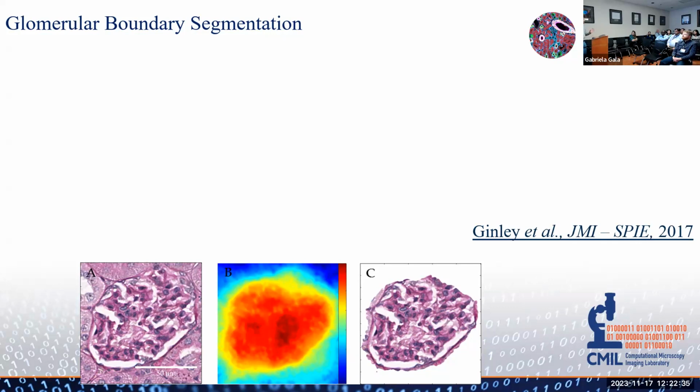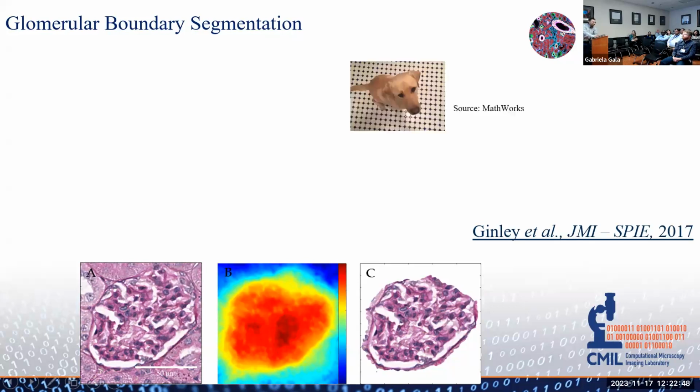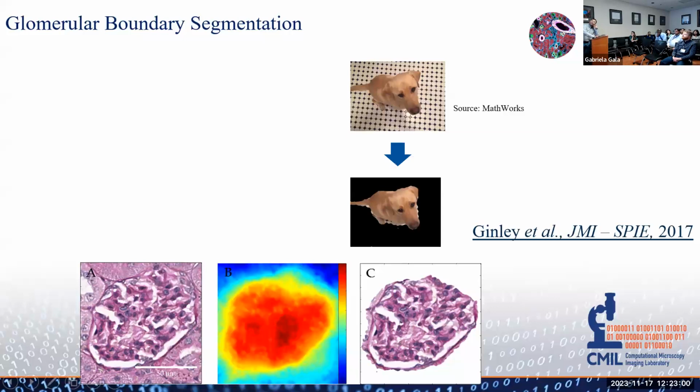And the first question we asked, forget about the whole slide image: if I'm given a crop like this, can I segment the glomerulus? So we applied a very basic technique, like image analysis 101 for any graduate student. Say with this dog, how can you separate it from the background, right? One thing you notice is the texture is very different from the background.